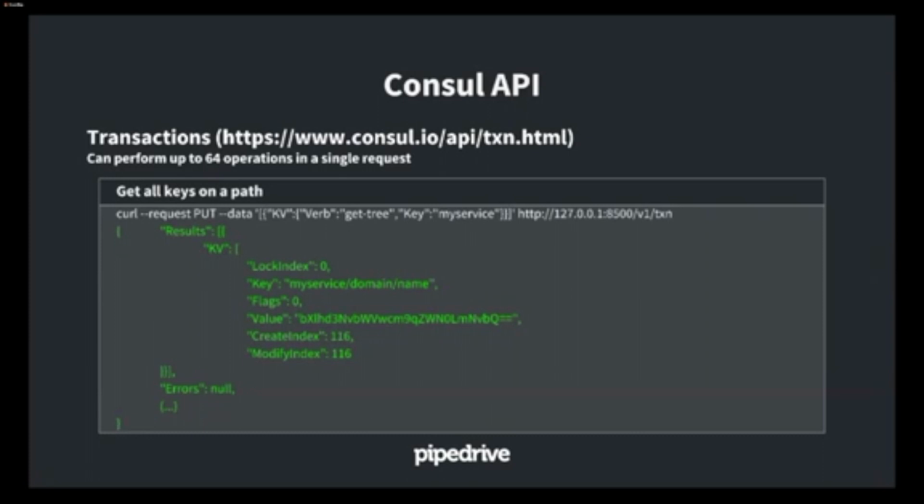So it saves a lot of requests to do it this way. In this example, the get tree basically will give all the keys on a specific tree of key values that I need. So if my service has all the information there, I will receive all the settings from my service that I need to use on my service.